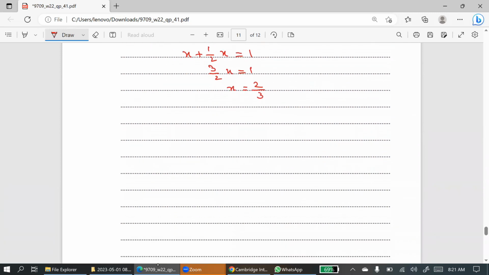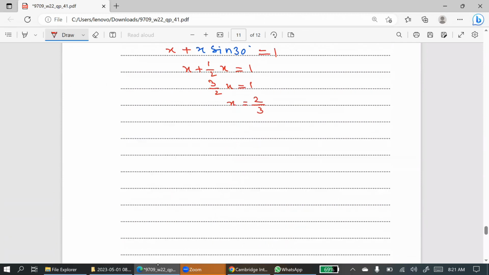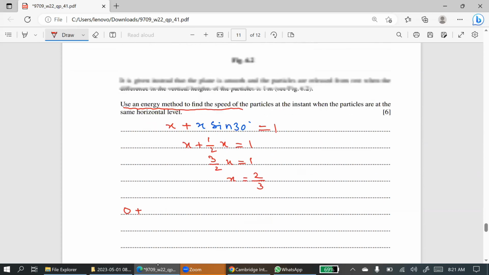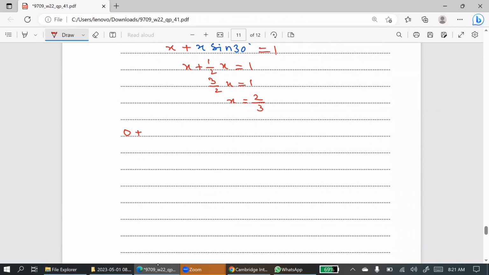There is no driving force, so work done by the driving force is zero. The loss in energy is only the potential energy of A, which is mgh, mass is 4.